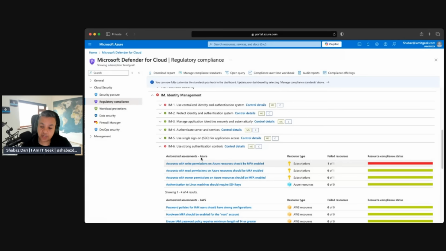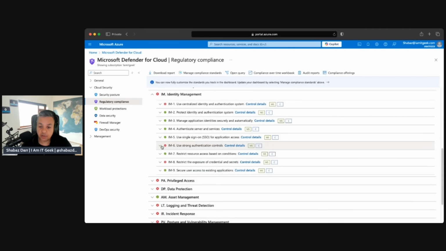So these are all things that are going to help us have that whole emphasis around identity being the new perimeter. Restrict resources based on conditions, restrict the exposure of credentials and secrets, and then secure user access to existing applications. So I just wanted to show you an example of some of the Microsoft Cloud Security Benchmark controls that you really need to do. They're going to help you with that whole concept.